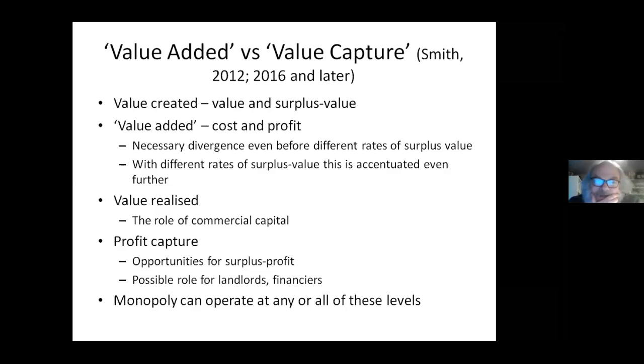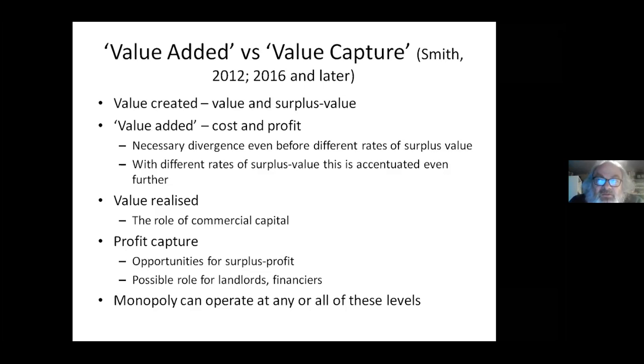And in what I've been speaking about, I am also responding to John Smith's contributions over the last few years. What John's work has done is reopen, in the contemporary context of globalized production, China being the workshop of the world, and so on, the question of value added and value capture.